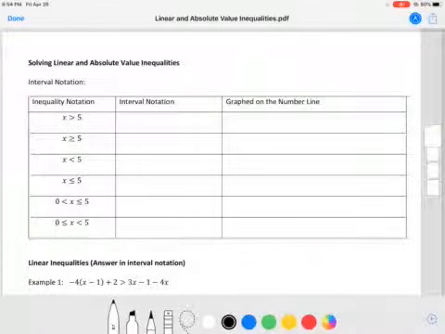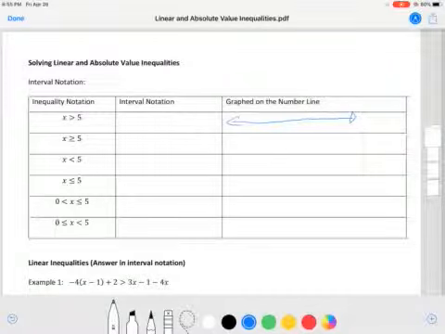In this video, we're going to review inequality notation versus interval notation. In the first example, it says x is greater than 5. Now, when we graph that on the number line, we have 5 on the number line, and we want all the numbers that are greater than 5.